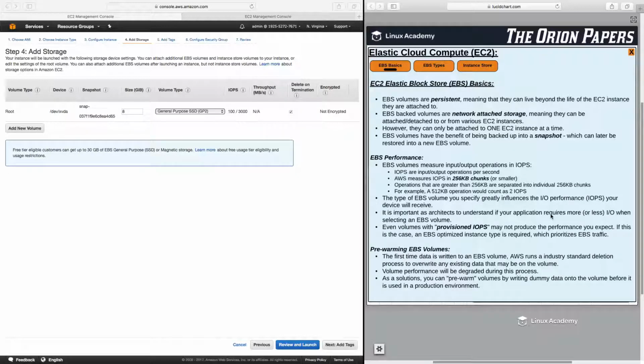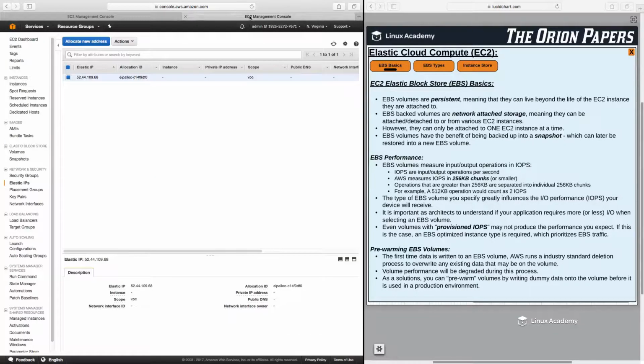If this is the case, an EBS optimized instance type is required, which prioritizes EBS traffic. So even within EBS volumes, we have volumes that are specific to having increased or greater IOPS performance. But if you remember, we also have instance types that are EBS optimized.